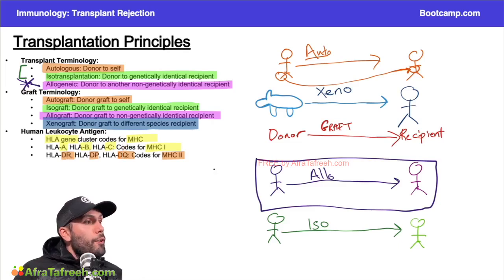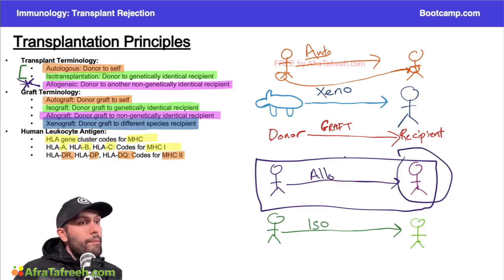The point being, though, let's just say that we did donate some organ from one patient to another. There's a couple different things that can happen, right? So let's just say that this recipient might recognize MHC molecules on that transplanted kidney, for example. They might recognize MHC1 and say, hey, this MHC1 has a different HLA than the HLA that we have.